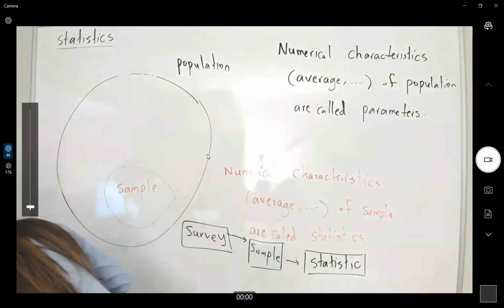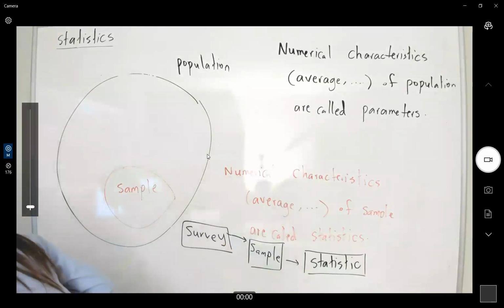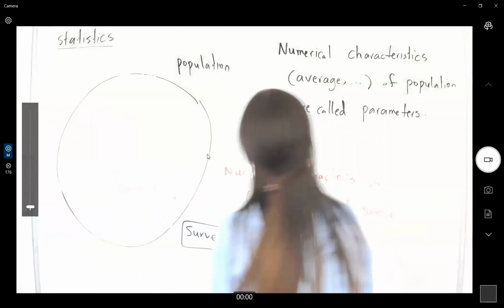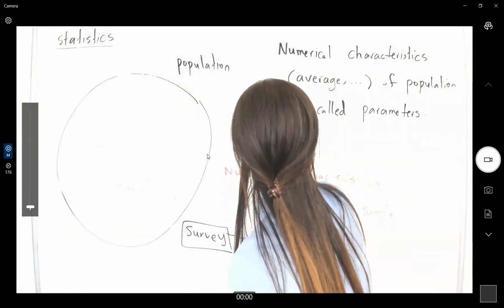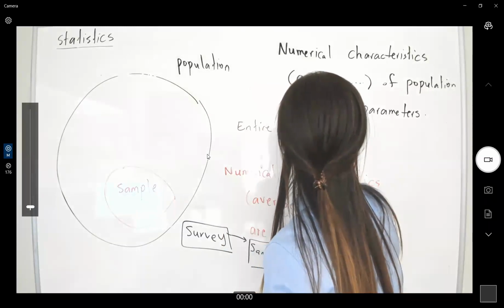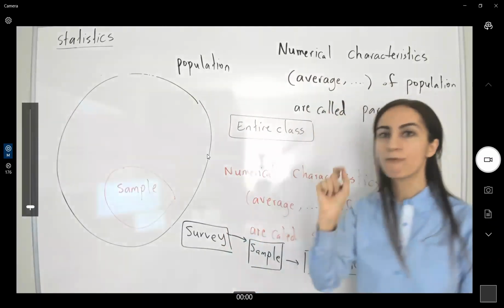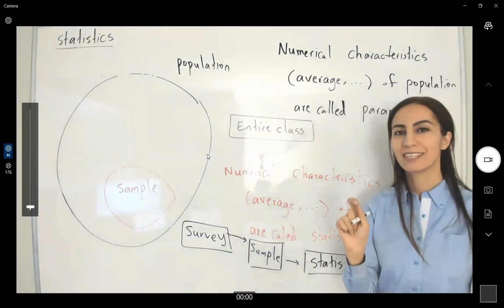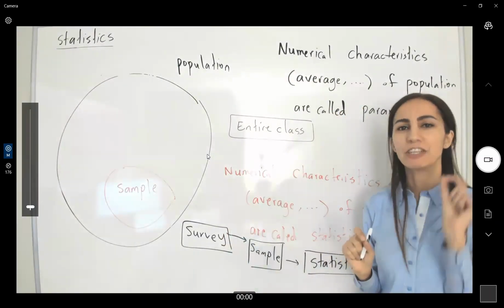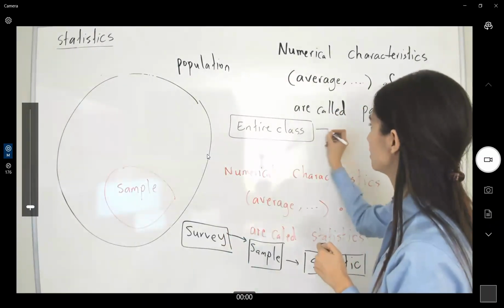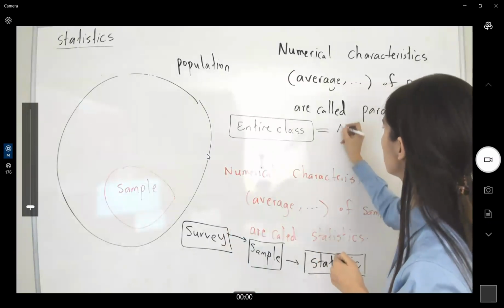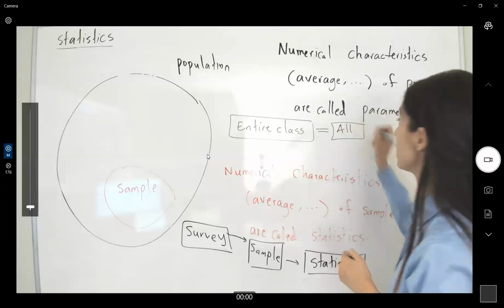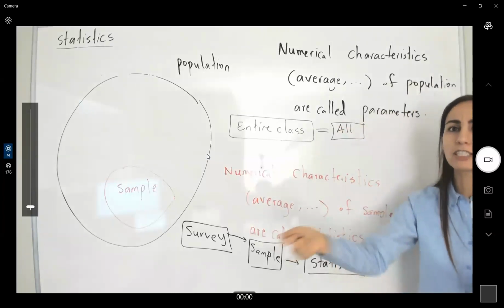So it's the entire class. Every one of them was counted. Everyone, each one, equivalent to all, equal to every student.